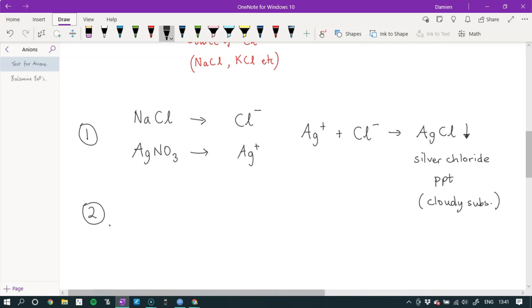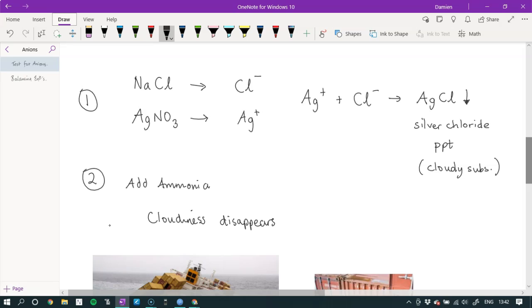When we add the ammonia, in step 2, the cloudy substance should disappear. So the cloudiness disappears. The only reason why it disappears is because there was silver chloride in it, and the reason why is that silver chloride is soluble in ammonia.